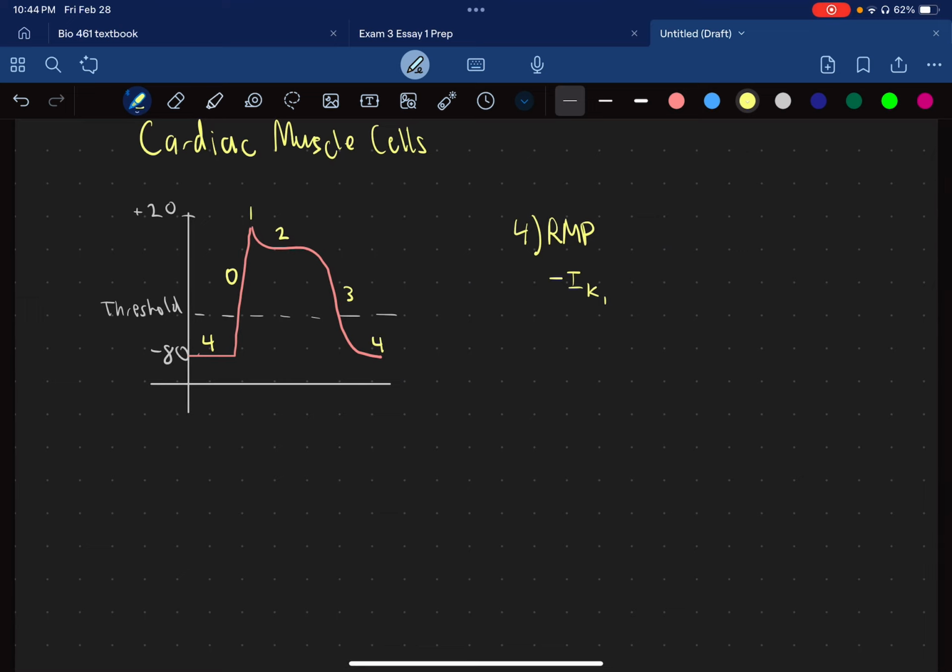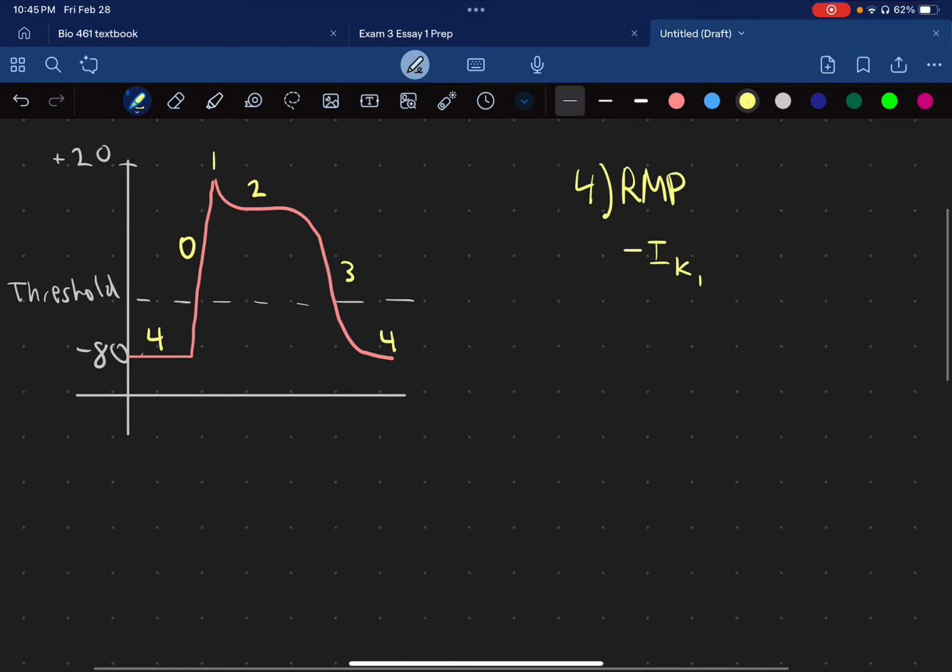This channel is going to allow for potassium to constantly be staying outside of the cell because it's positively charged. That's going to leave negative charges in the cell, and so that charge on the inside of the cell is going to be pretty close to the potassium Nernst potential. So we're just chilling here at RMP.